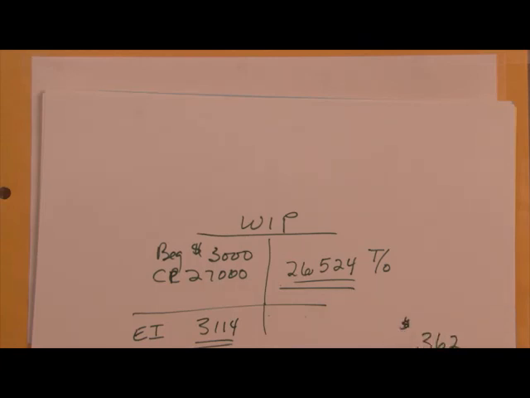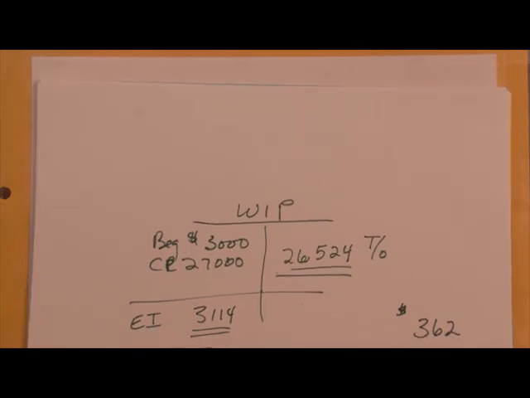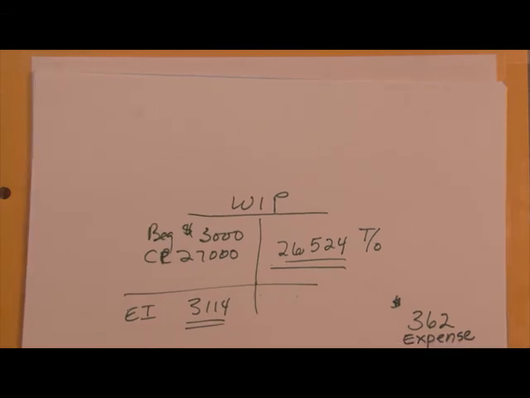That's because $362 is going to be sent to expense. And once again, if it's normal, normal amount of spoilage, it will be sent to cost of goods sold. If it's abnormal, we will put the $362, isolate it in an account called abnormal spoilage expense.